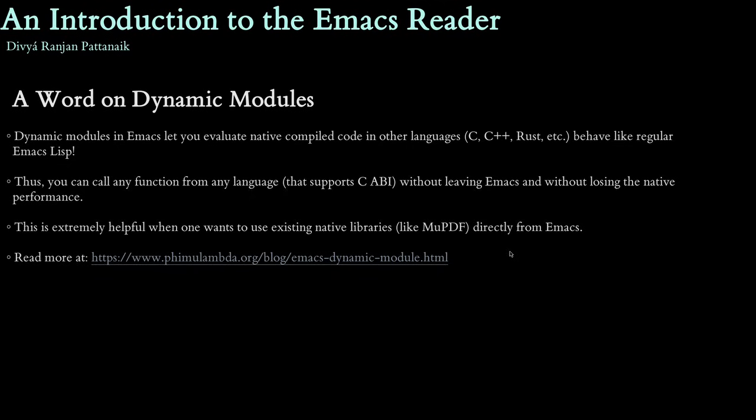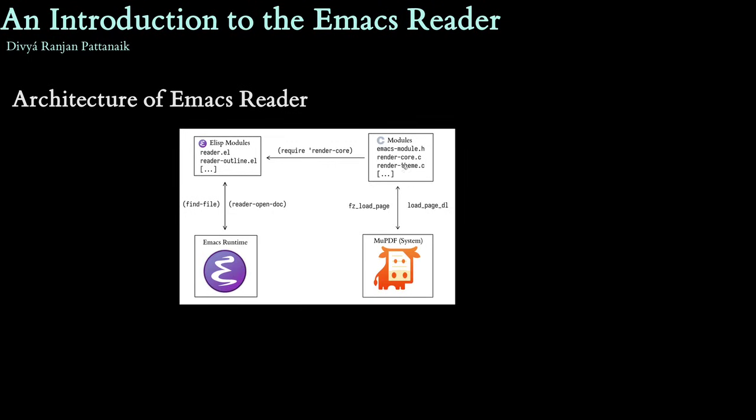So when our Emacs C modules, the render core C or render theme C, are compiled and called from the eLisp modules, they behave like eLisp, even though they're as fast as C functions because they're compiled C code. But you essentially call them just like eLisp functions. You can find them using Control-HF and so on.